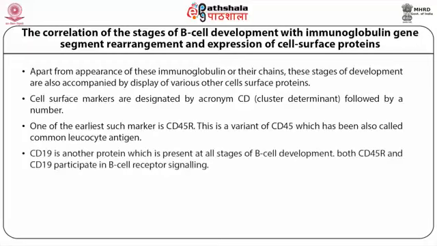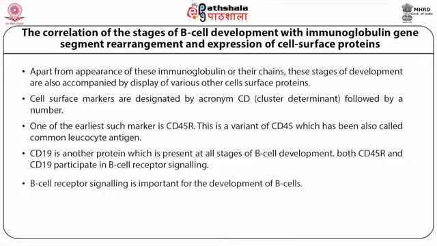CD19 is another protein which is present at all stages of B cell development. Both CD45R and CD19 participate in B cell receptor signaling. B cell receptor signaling is important for the development of B cells. So, all B cell precursors express CD45R and CD19.